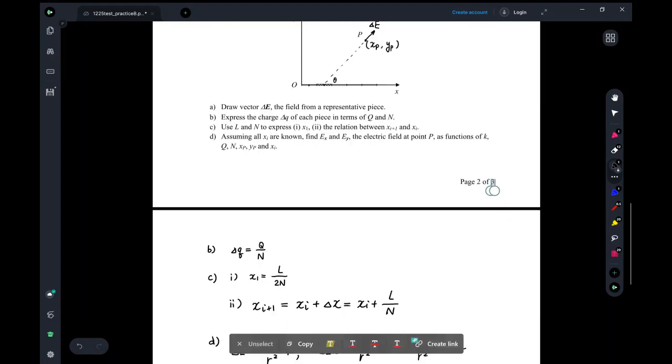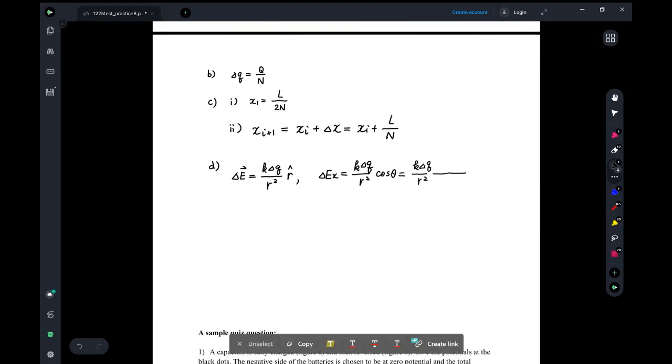So cosine theta equals xp minus xi over r, and delta E y is K delta Q over R squared sine theta, which equals K delta Q over R squared times yp over R.